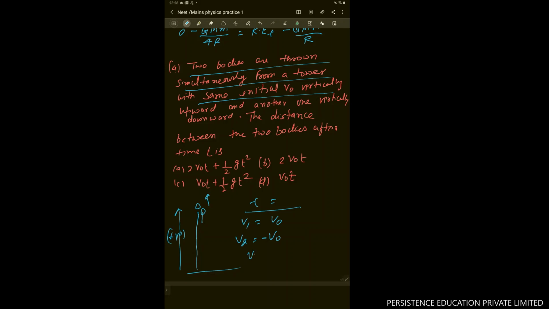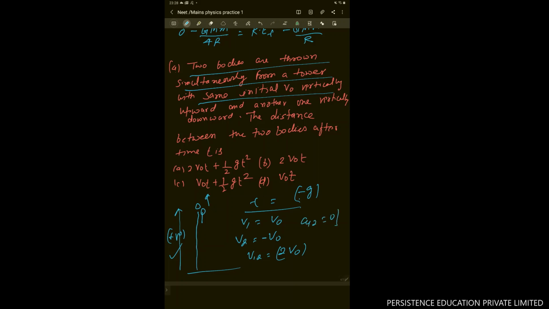So the relative velocity v12 will be 2v naught. Now, the acceleration for both will be the same, minus g. Why minus g? Because we have assumed our positive in the upward direction and gravitation will always pull in the downward direction. So the relative acceleration a12 is 0.